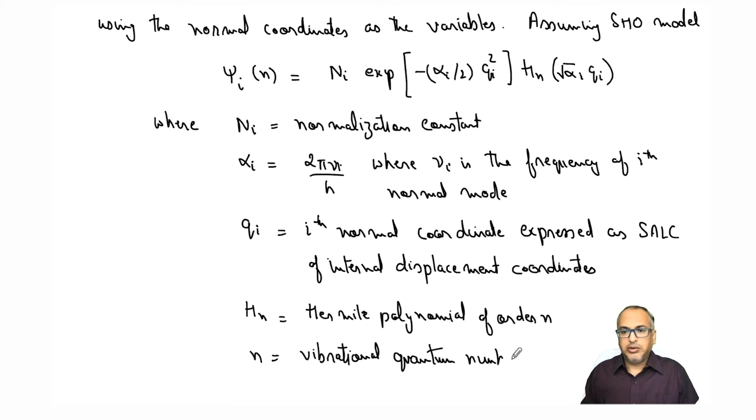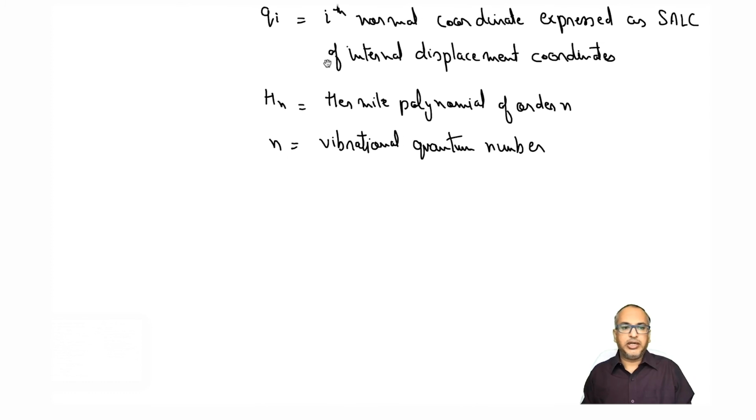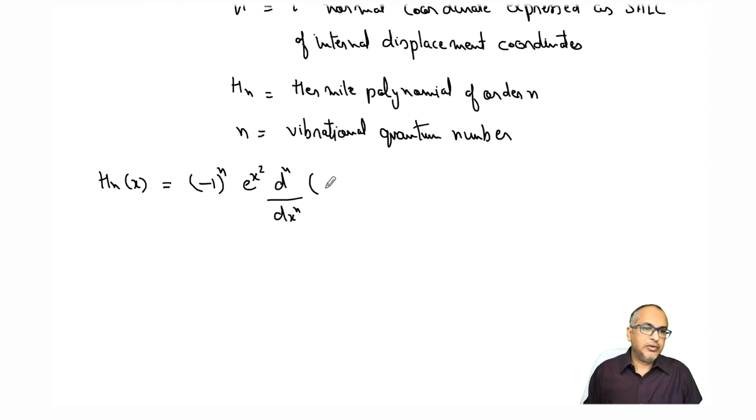Okay, let's see how we write Hn. Hn of x, let's say, is minus 1 to the power of n, e to the power of x square, nth derivative d^n/dx^n of e to the power minus x square.